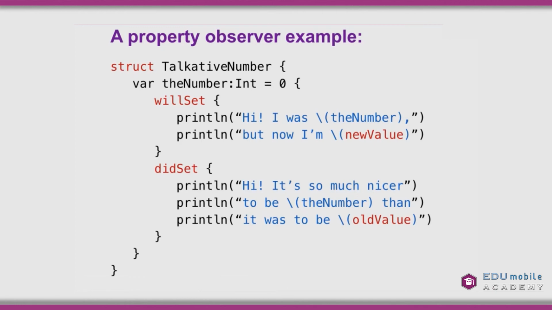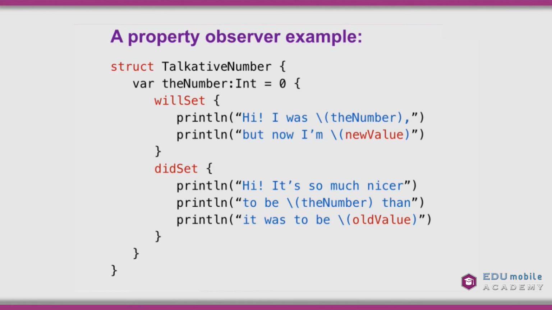So here we go. Let's look at an example. Here's an example called TalkativeNumber. Originally, I'd called this AnnoyingNumber. It's a structure. It has a variable, number, as an Int equal to 0. So it's being initialized. We don't have an initializer anyplace else, but we are initializing it here.